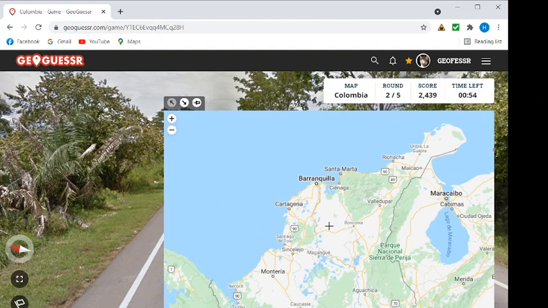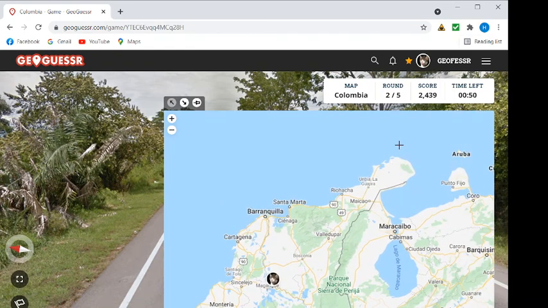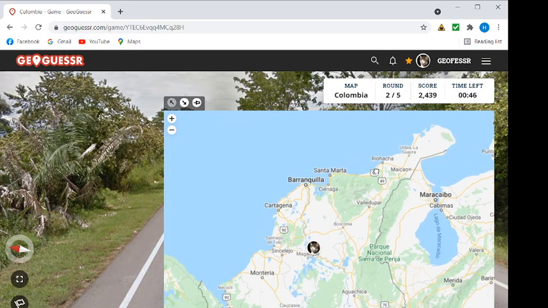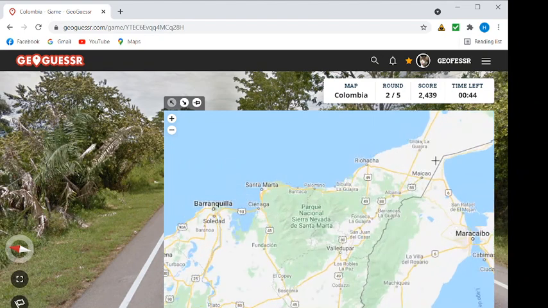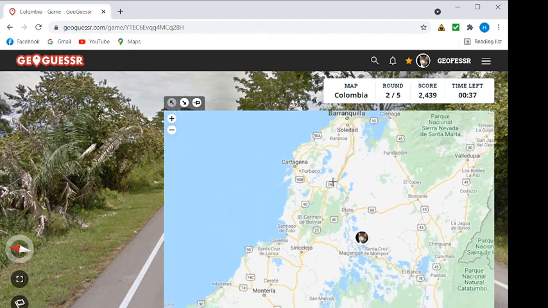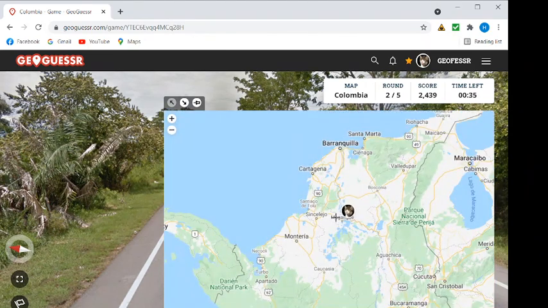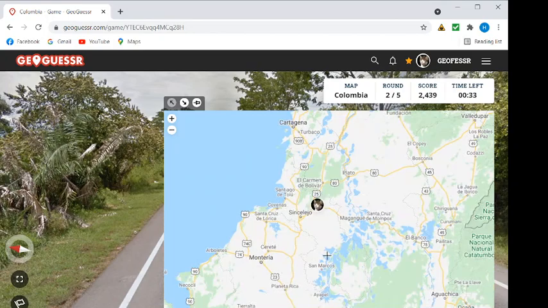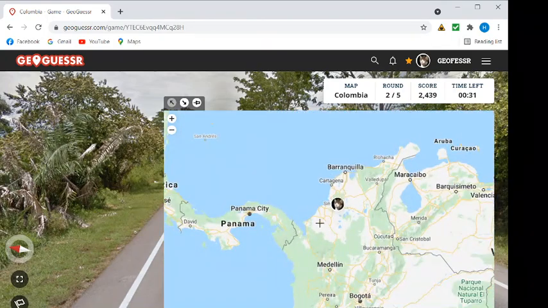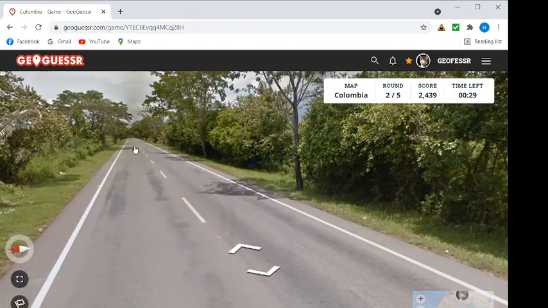I think this is more in this area, and then it actually gets dry up in this part, which is called Guajira. This doesn't look like Guajira. You can see that Guajira is on the other side of this huge mountain mass from the rest of the Caribbean part of the country. But I think from appearance that this is probably in this part.